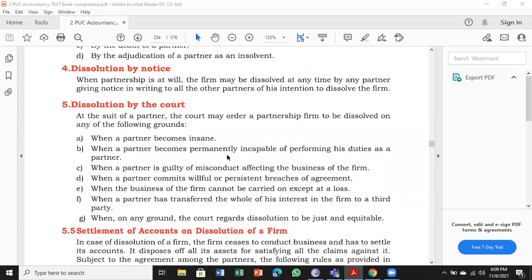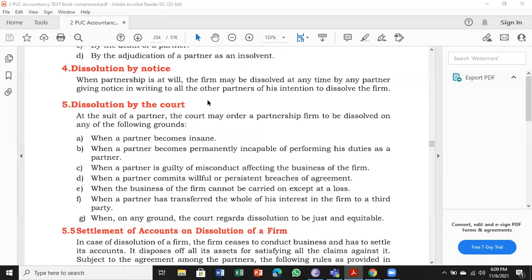The other one is dissolution by notice, the fourth one. You have learned again in business studies a particular type of partnership called partnership at will, W-I-L-L.